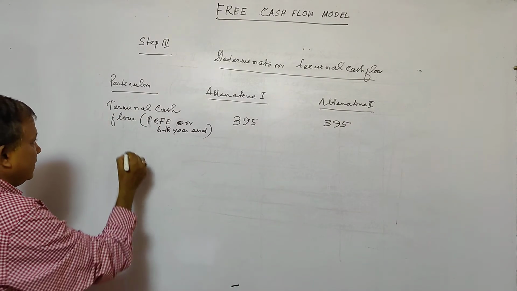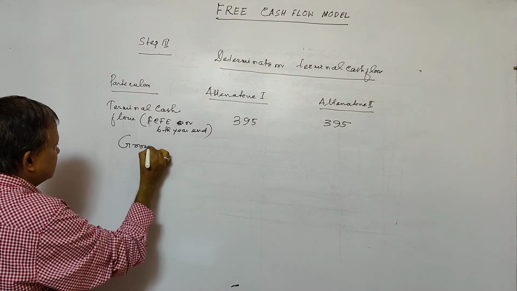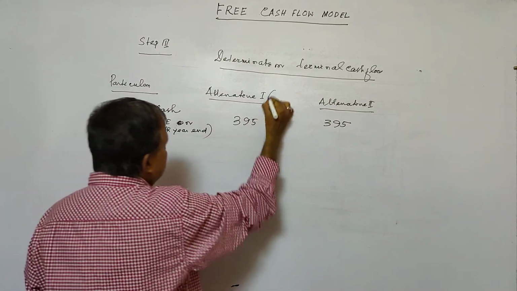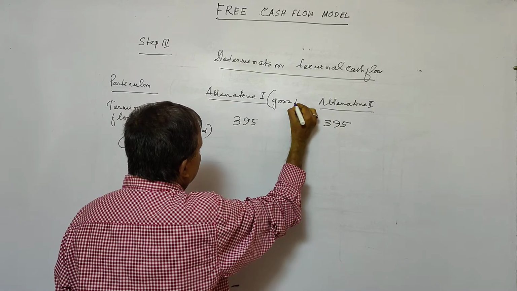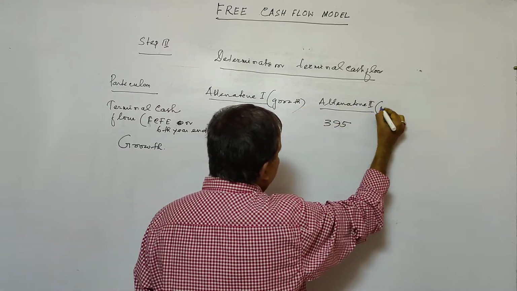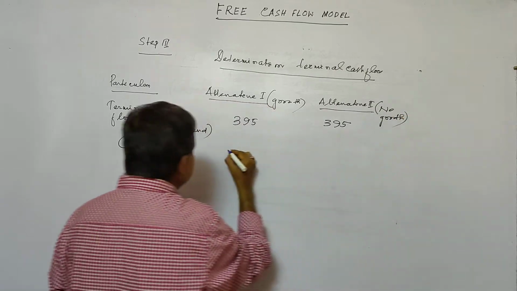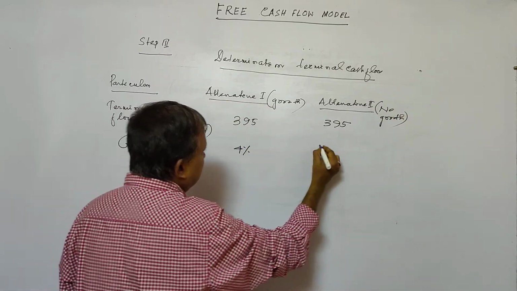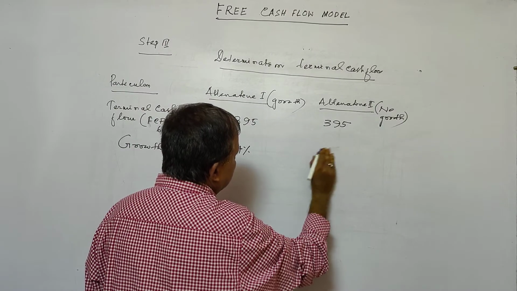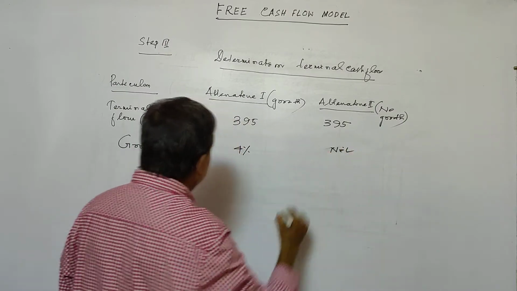Then the growth we shall consider. Here we consider growth 4%, here we consider nil, no growth.